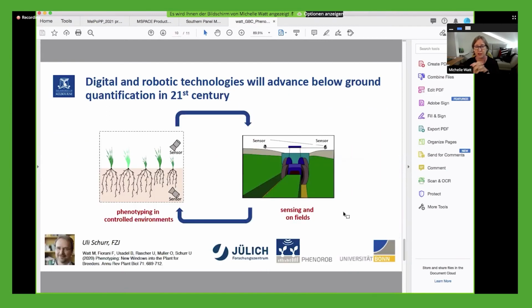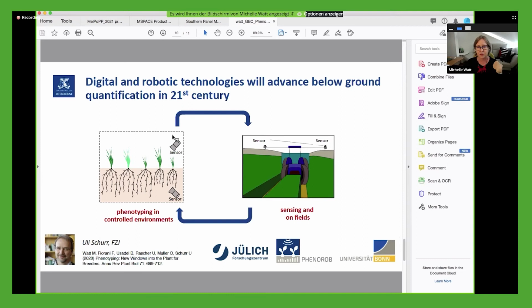And with initiatives that are going on with agricultural technologies, these digital and robotic technologies, advancements in sensors, I really believe that we're going to be able to advance below ground quantification this century. And this is probably going to be achieved through a hybrid of very high resolution phenotyping technologies used in controlled environments and field technologies.